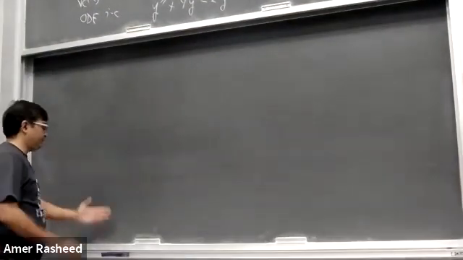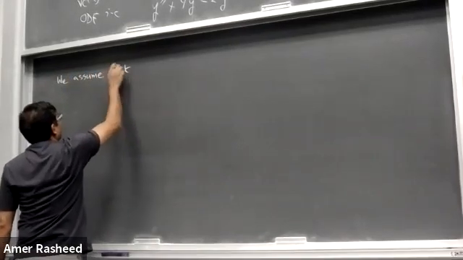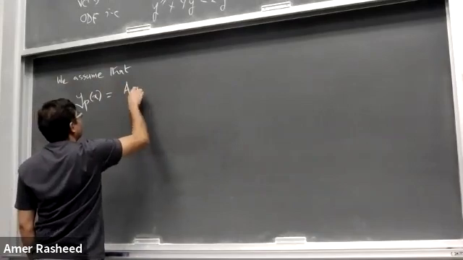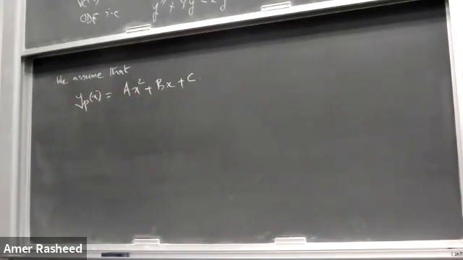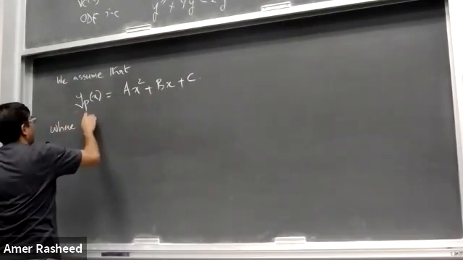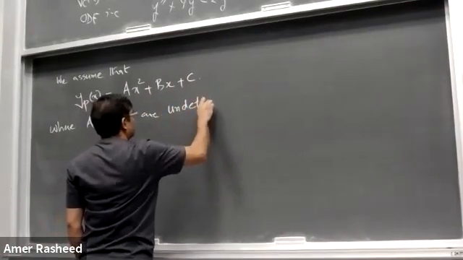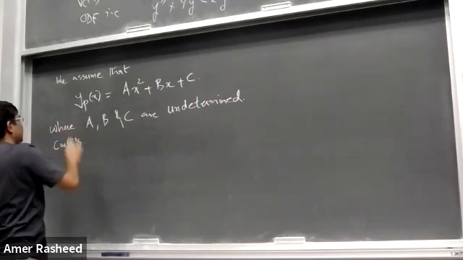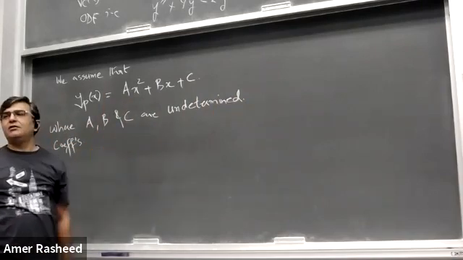So we assume that yp, the particular integral of the given differential equation, is ax squared plus bx plus c, where a, b, and c are undetermined coefficients, and we need to find them. That is why we call it the method of undetermined coefficients.